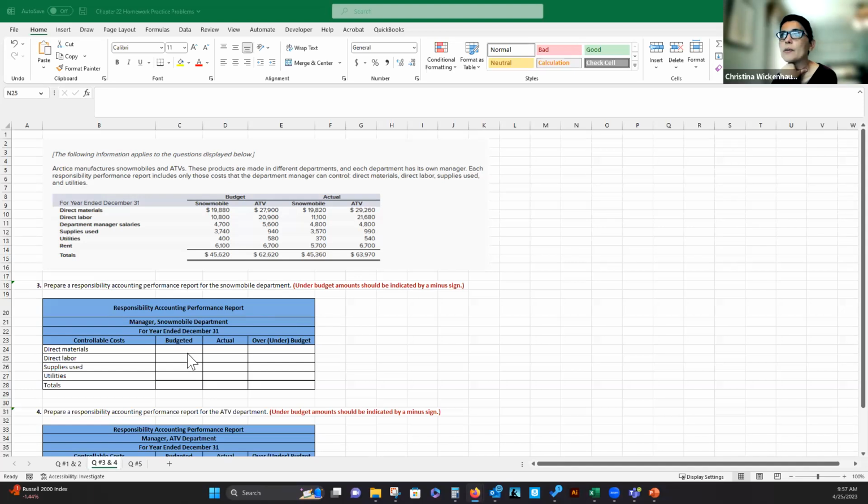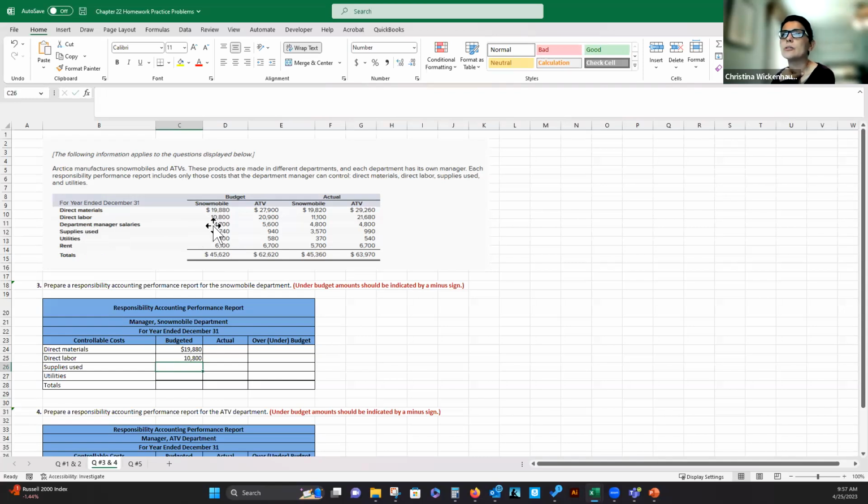So we're going to start out with a budget for the snowmobile. And so this is the budget for the snowmobile for direct materials. So we're just going to copy that down. Direct labor, again, we're just going to take the number from the budgeted snowmobiles of 10,008. Supplies used. Notice how we jump over that departmental manager salary because they cannot, again, control their own salary.